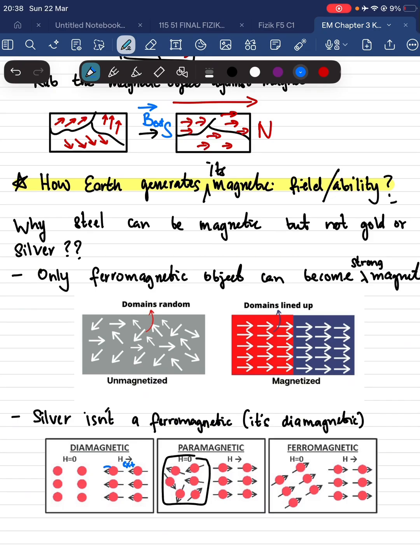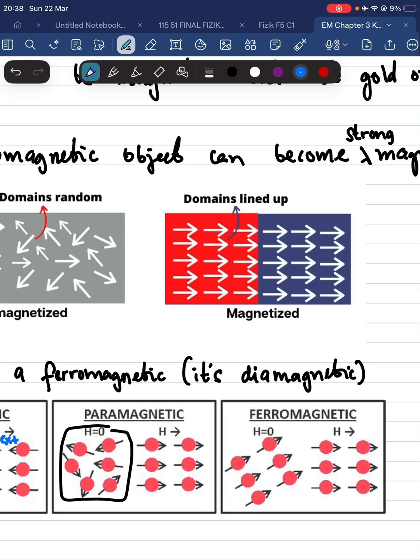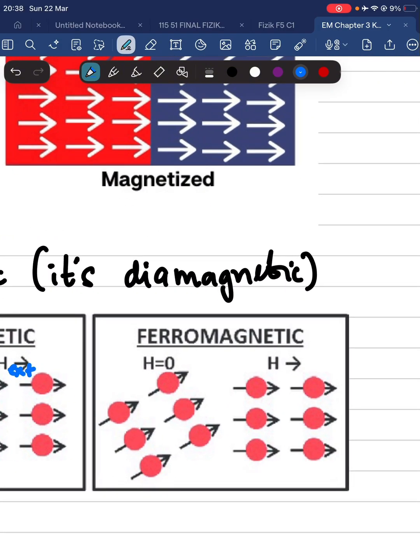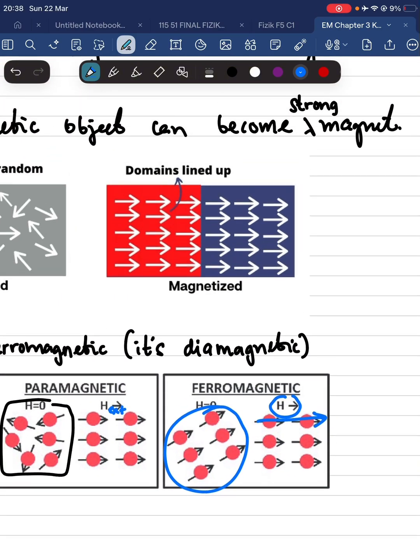For paramagnetic material, the orientation is very random, so there will be a weak magnetic field produced when you apply the external field. But for ferromagnet, in each domain it's not random, right? Let's say this is one domain, actually in one direction, but when you apply the magnetic field, this domain will be directed in one direction, as I have explained just now, right?